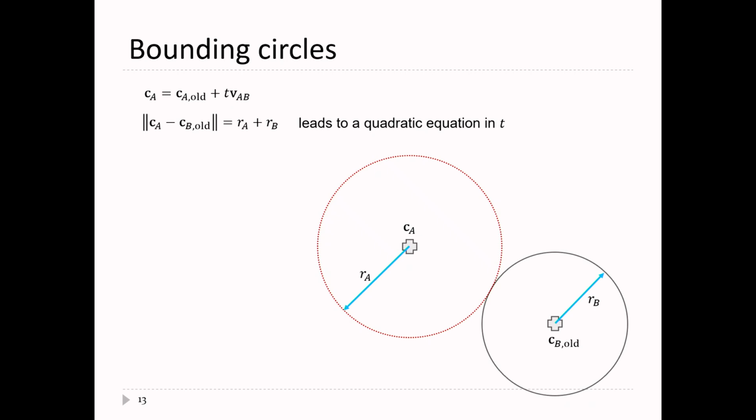So CA old plus TV, minus CB old, and you want to take that with the dot product of itself. So I'm just going to group these two terms here.